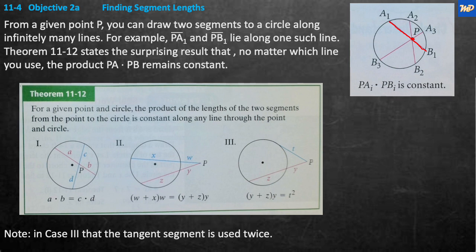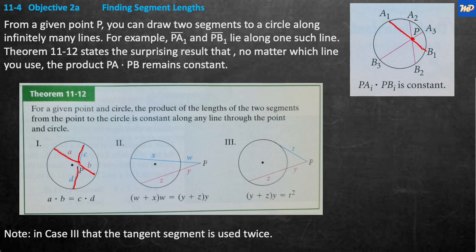So number one here says A times B is equal to C times D. So here's A times B, whatever those lengths are, let's say 20 and 10. That's 200. That would mean that C times D would also have to be equal to 200. Whatever the lengths are, I don't know, but they'd have to equal 200.